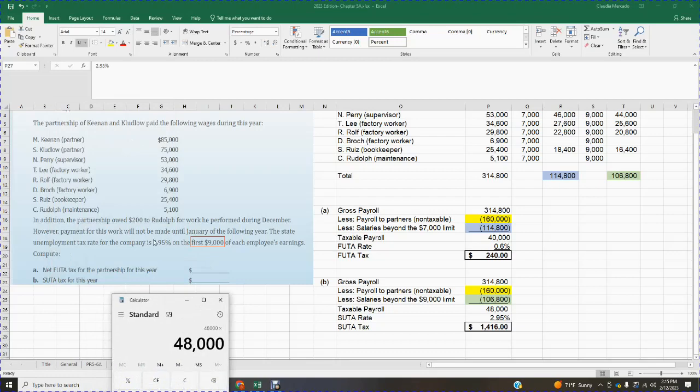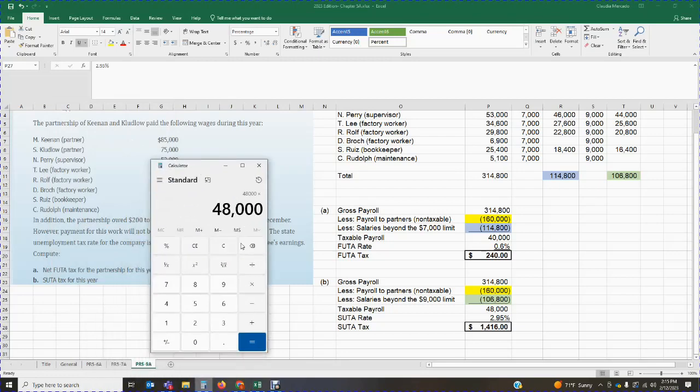The SUTA rate was provided in the problem at 2.95%. So it's 48,000 times 2.95%. That's going to give me a SUTA tax of $1,416. So now we have both our FUTA tax of $240 and our SUTA tax of $1,416.